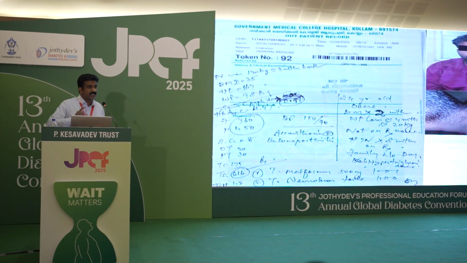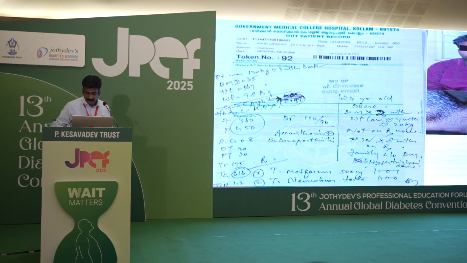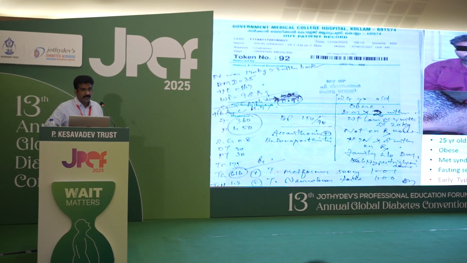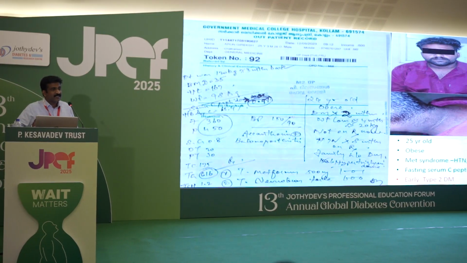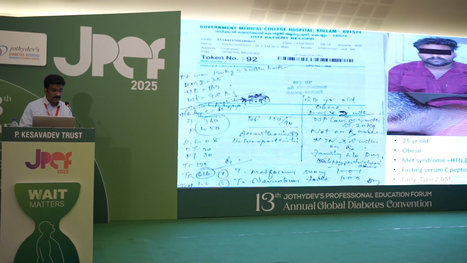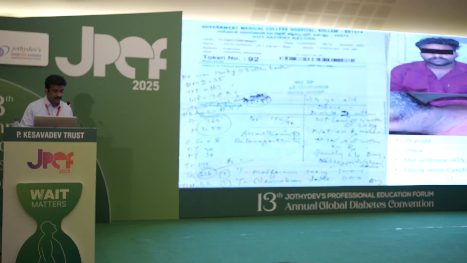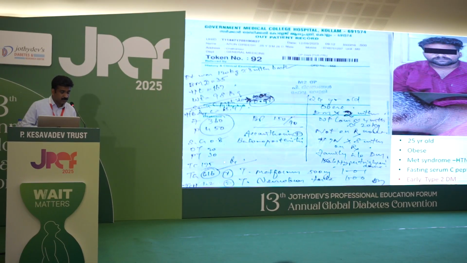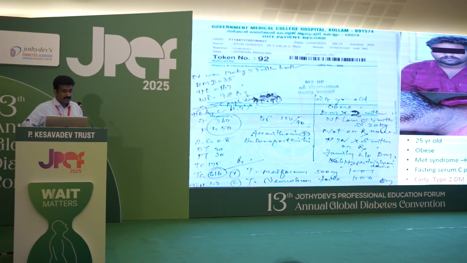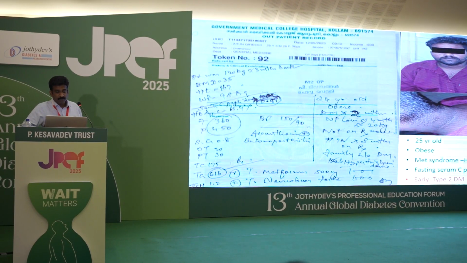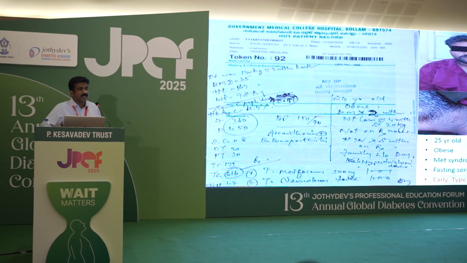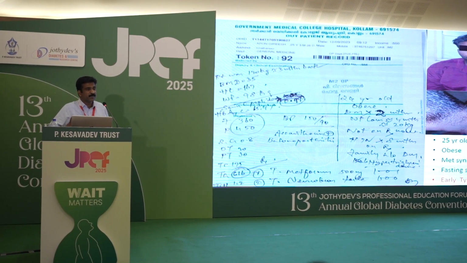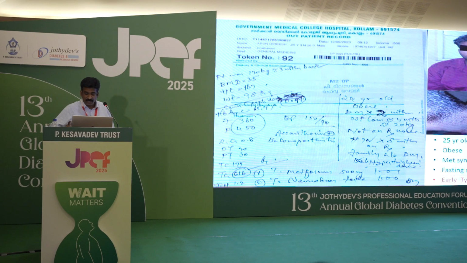The next person, whom I showed in my first slide, is a 25-year-old obese patient. He had metabolic syndrome and the characteristic dyslipidemia: the triglyceride is very high, 616, and the HDL is low. But look at the fasting serum C-peptide. His serum C-peptide at diagnosis is 0.9.